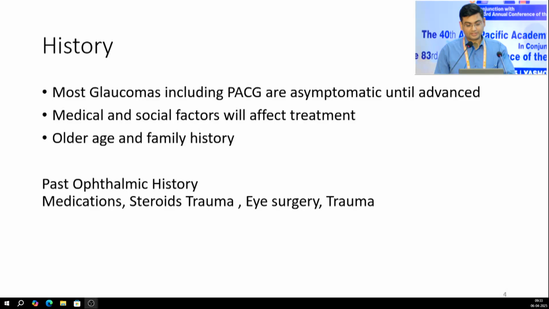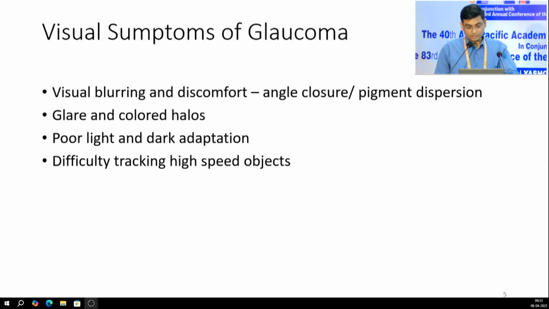Also ask about the past ophthalmic history like medications, steroids, any trauma, any history of eye surgery. Now, visual symptoms of glaucoma: usually in angle closure and pigment dispersion, the patient will come up to you with visual blurring and discomfort. Rest, usually people do not complain of any symptoms. There can be glare, there can be colored halos.